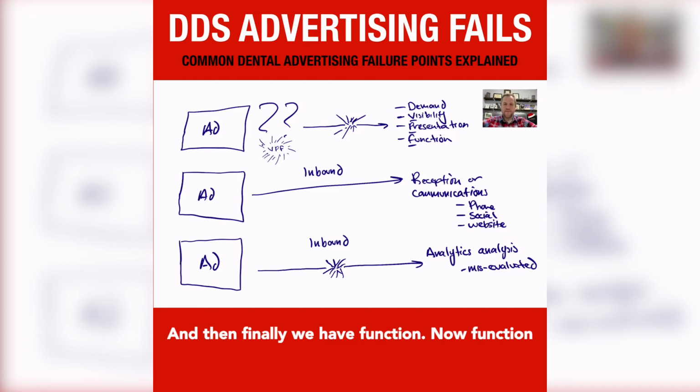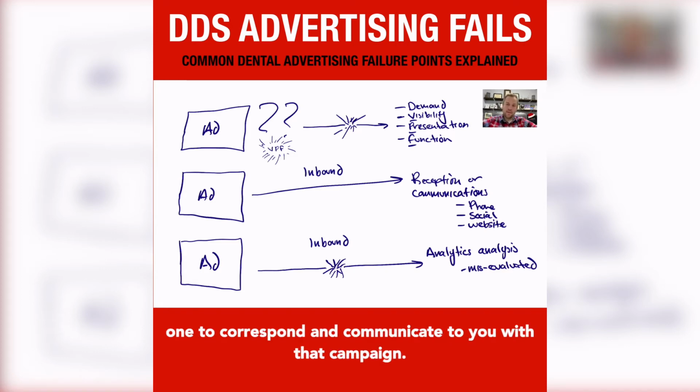And then finally, we have function. Function is how one can interact and how easily it allows one to correspond and communicate with you through that campaign.